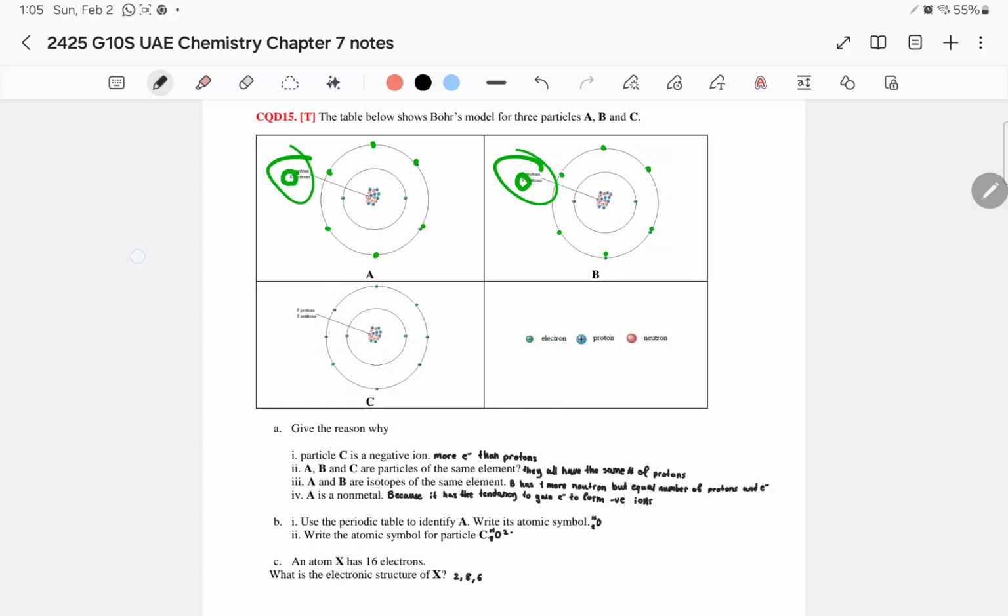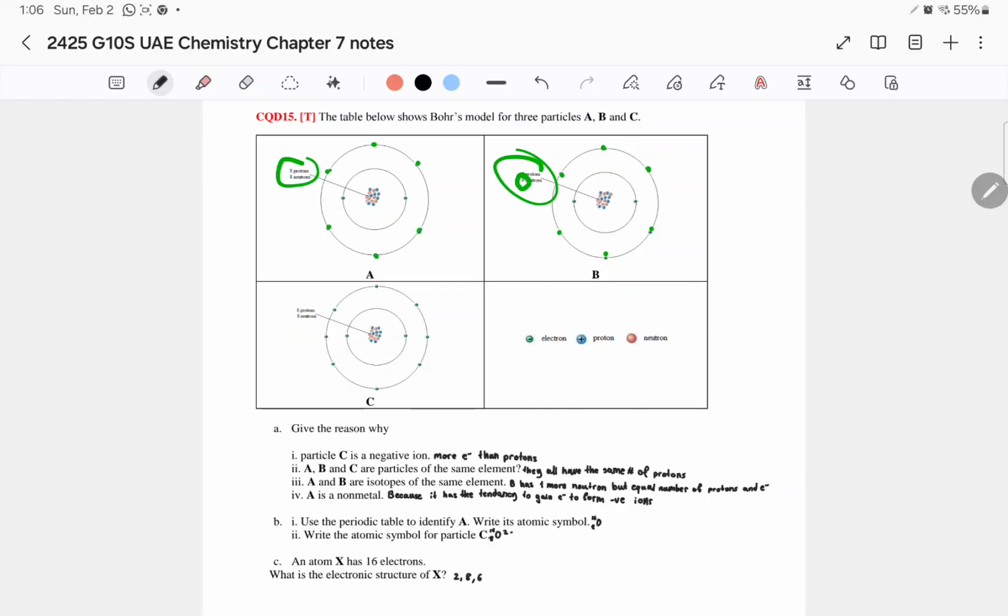Now, A is a nonmetal. Why? We know A is a nonmetal because it has 8 protons, meaning it's in group 6. It has the tendency to lose... Did I say lose? Because it has the tendency to gain electrons to form negative ions, because it doesn't have a full final shell.